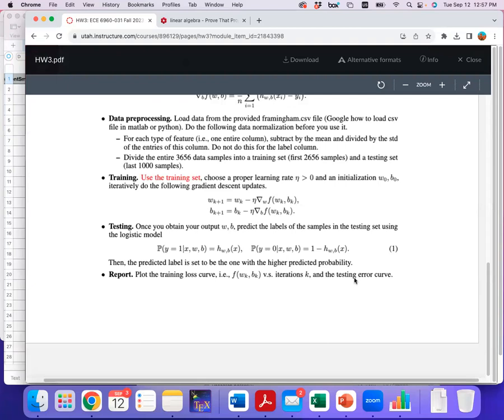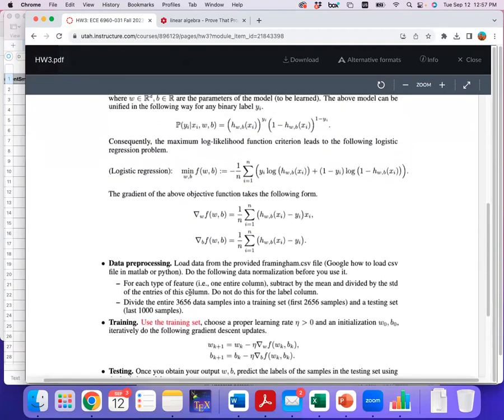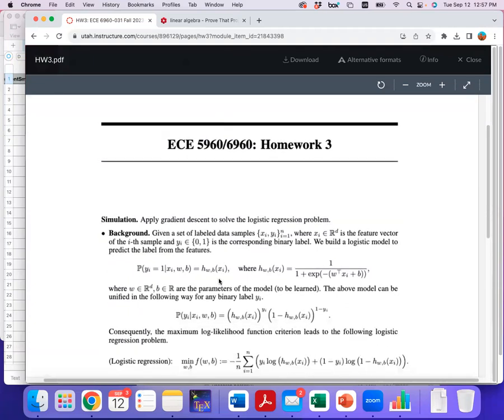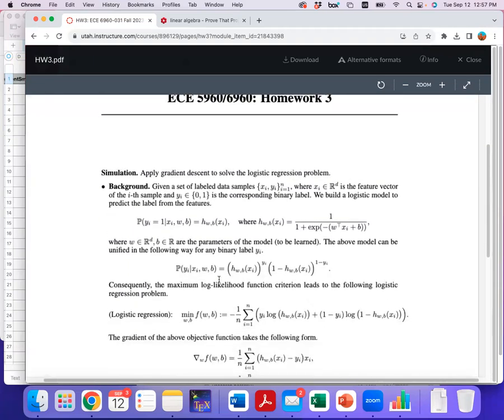The other would be the training loss. Yeah. So this is another application of gradient descent, from Lecture 1, gradient descent. But the application is a binary classification problem. Well, homework 2 is about the regression problem, the least square regression problem.